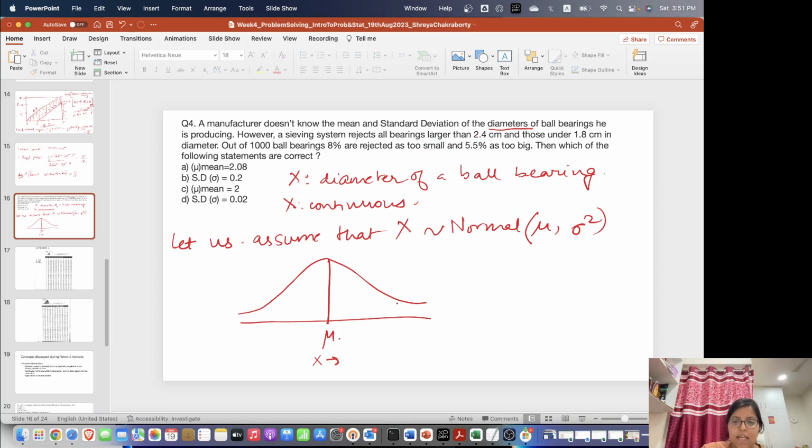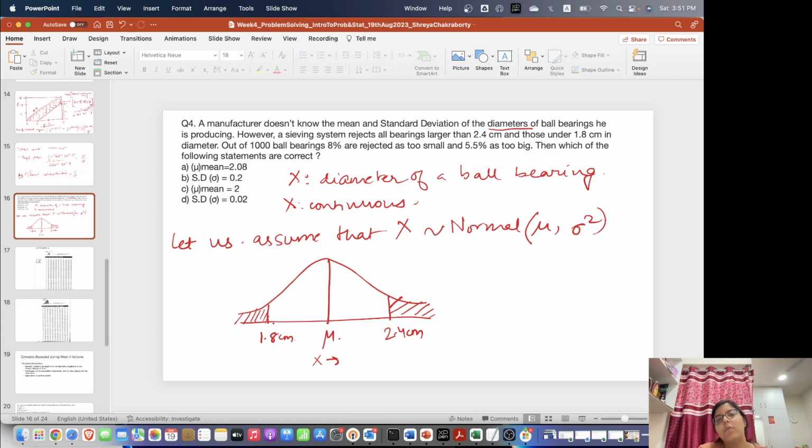So let's say this point here is 2.4 centimeter. Greater than this, it is going to reject, or those under 1.8 centimeter. So let this point be 1.8 centimeter. Less than this also it is going to reject.